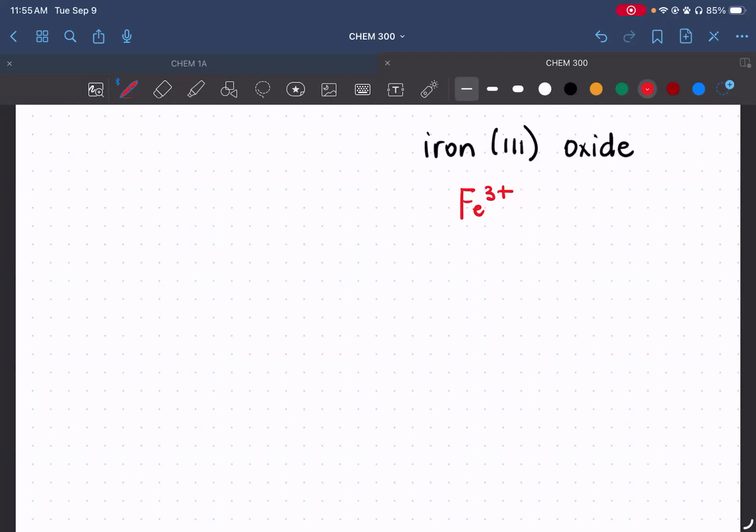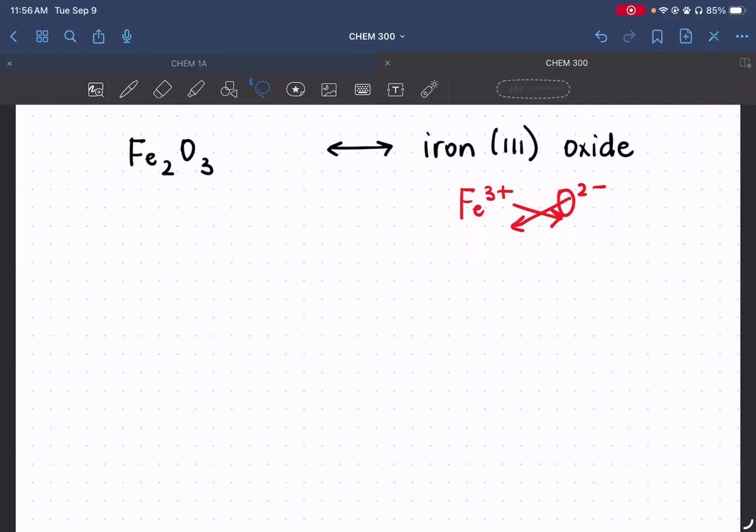The metal will almost always be the cation. And we know that oxygen is in group 16 with a charge of 2-. We crisscross those numbers down. That's what leads us to Fe2O3. The 2 and the 3 have swung down entirely.